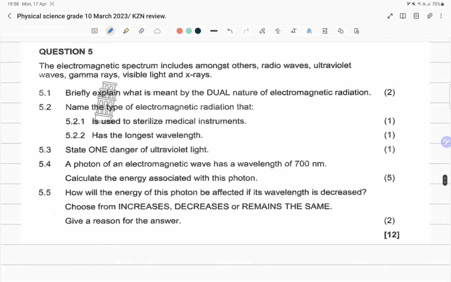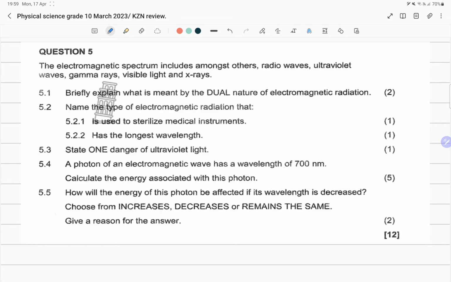Okay, let's move on. Question 5 says the electromagnetic spectrum includes, amongst others, radio waves, ultraviolet waves, gamma rays, visible light, and X-rays. So this is a very haphazard way of putting these. They were just put in like a mixed masala.